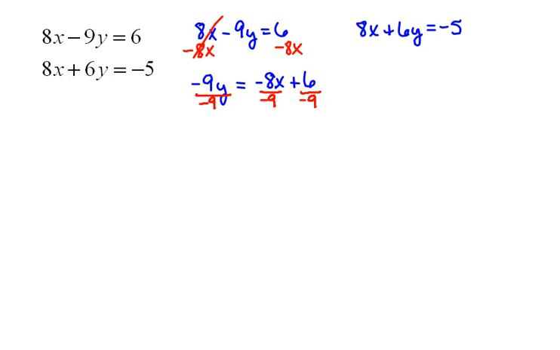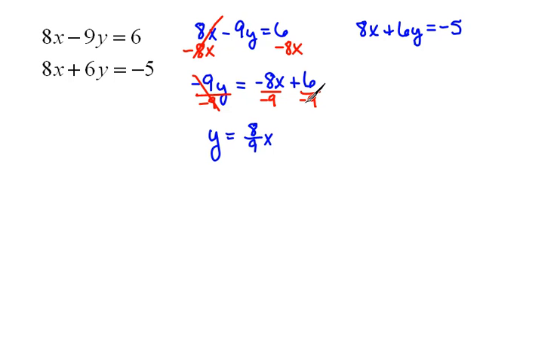Remember, we want to get rid of both the 9 and the negative. So now we have y equals, over here, we can't reduce down 8 over 9, but negative divided by negative is a positive. Those would cancel each other. So that becomes 8/9 x. Here we have a positive 6 divided by a negative 9.